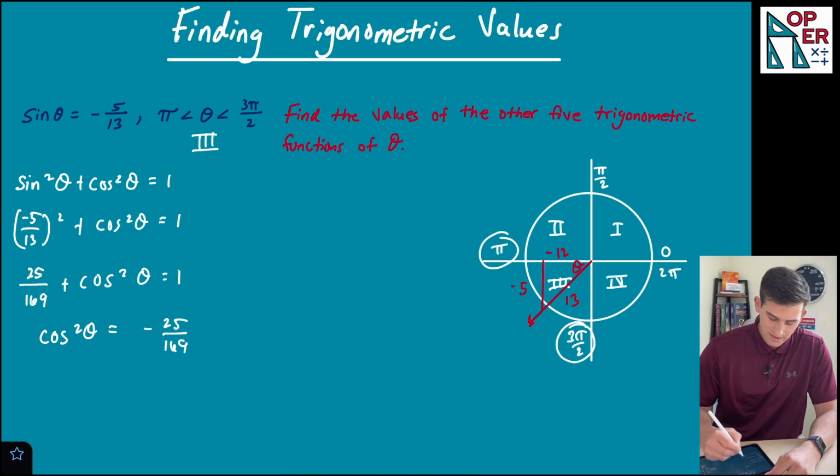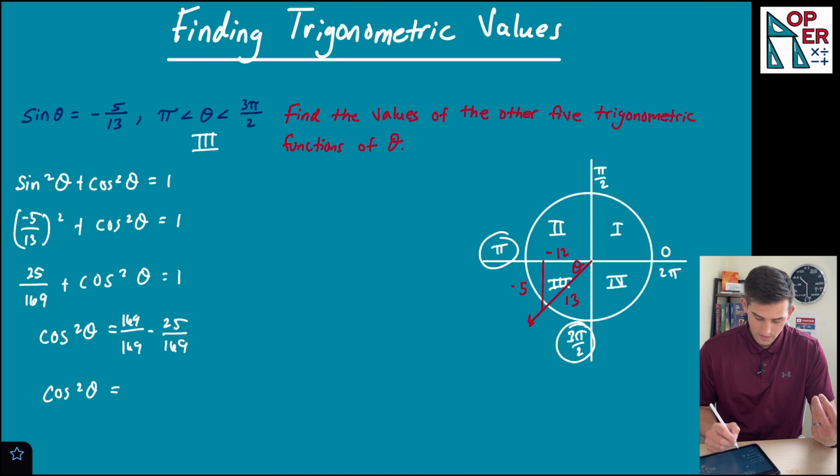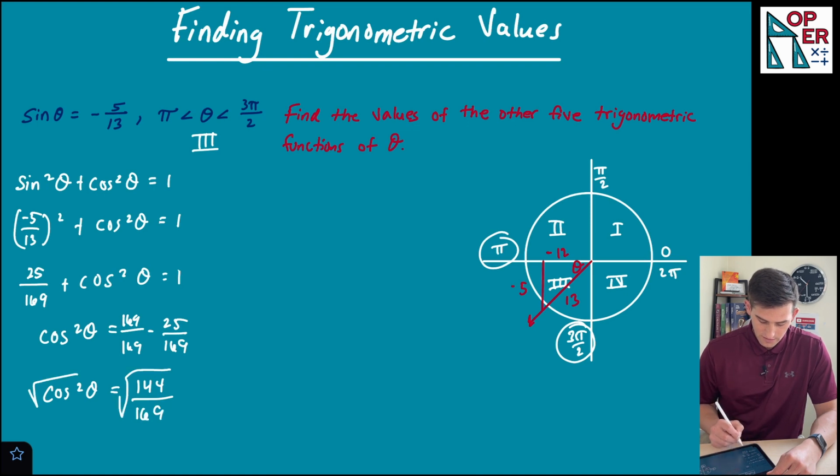Now cosine squared theta is equal to 169 minus 25, which is 144, over a denominator of 169. Now let's take the square root, and we get cosine of theta is equal to positive or negative 12/13.